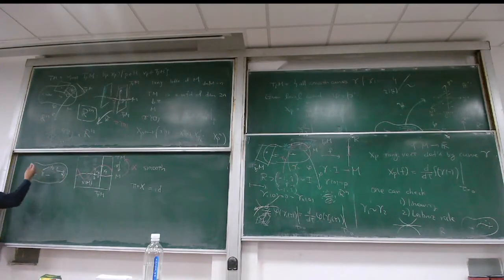At this point, I don't know where it is, but let's assume this point and this point, the tangent vector becomes 0. In the first lecture I wrote down a vector field whose zero points are the north pole and south pole. Therefore, they correspond to these points.